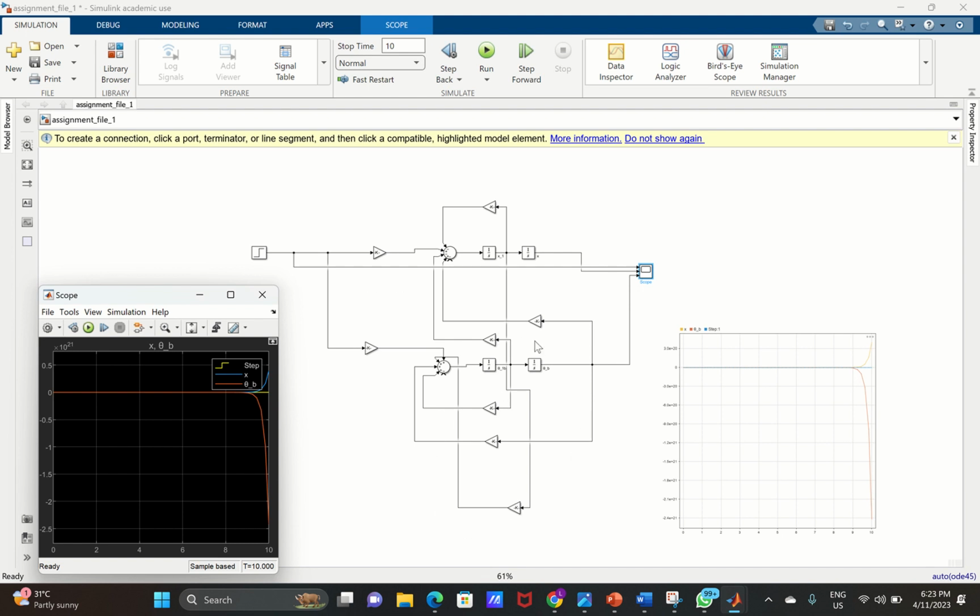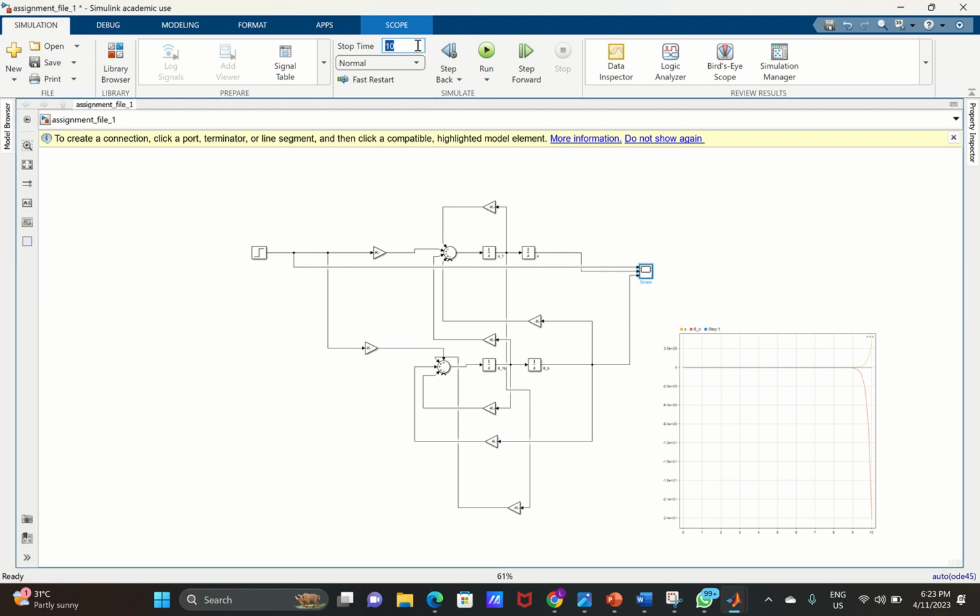Otherwise, Matlab is able to help us analyze system stability basing on the poles, and also depending on the nature of the responses, the output responses, we're able to see changes, varying changes depending on our inputs.